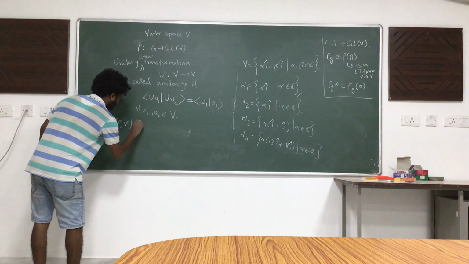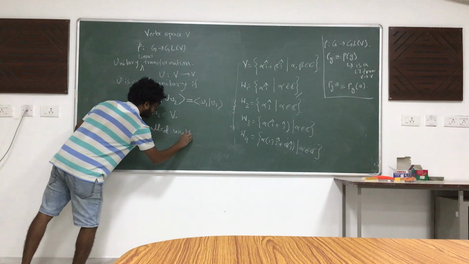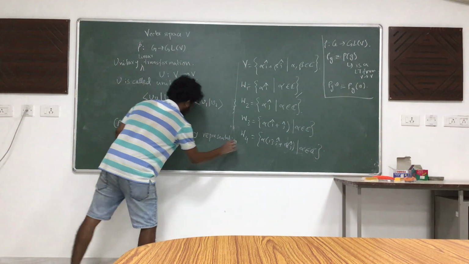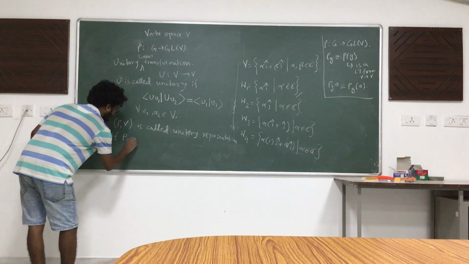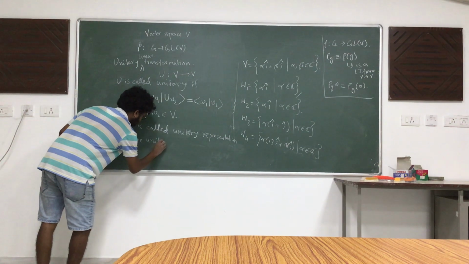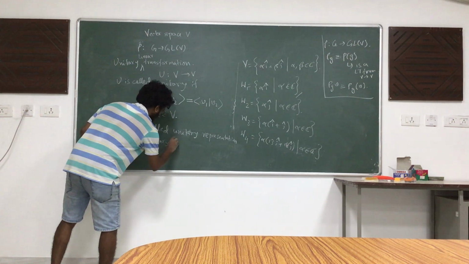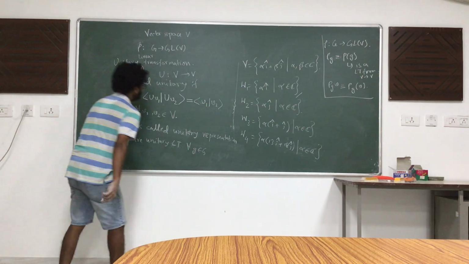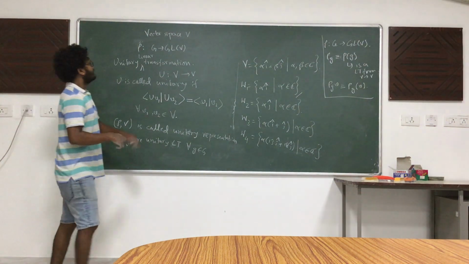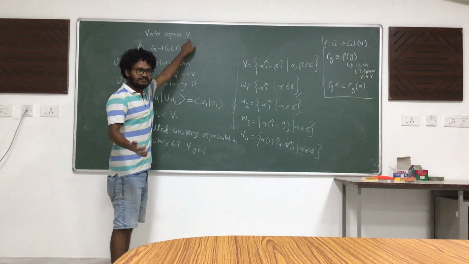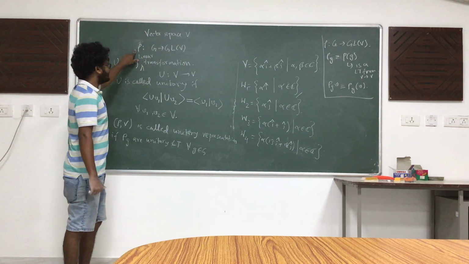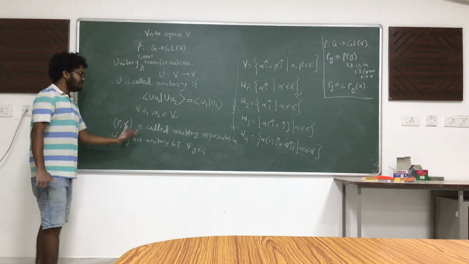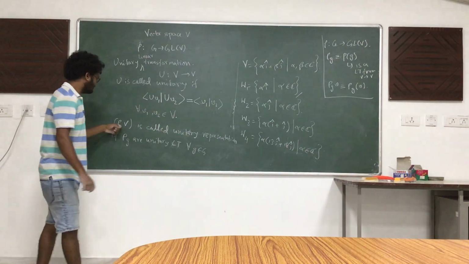Rho V is called a unitary representation if the rho G's are unitary linear transformations for all G. So if V is a vector space with the inner product structure, and we give a representation such that all the rho G's, which are linear transformations, are actually unitary linear transformations, then rho V will be called a unitary representation. So all the rho G's are unitary.